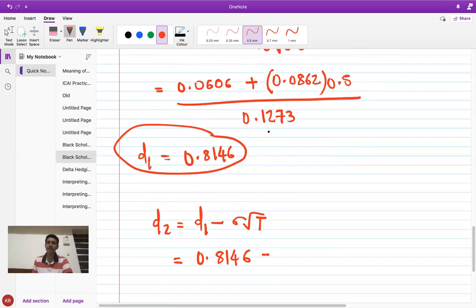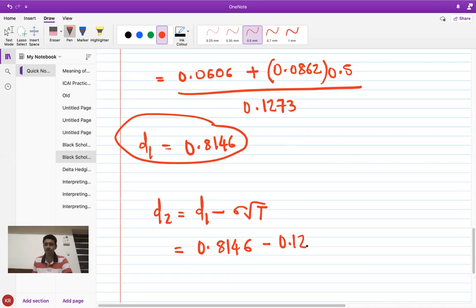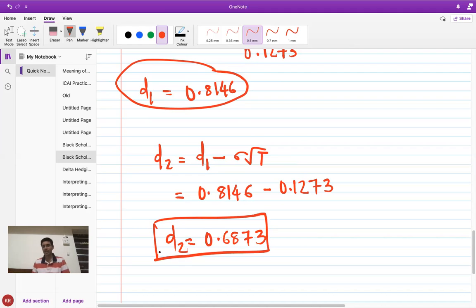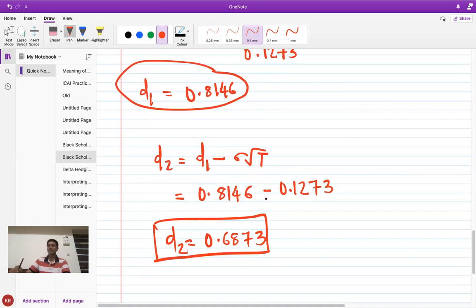The denominator in D1 is 0.1273, which means D2 is nothing but 0.8146 minus 0.1273, which is equal to 0.6873. This is the value of D2. D1 is equal to 0.8146, D2 is equal to 0.6873.